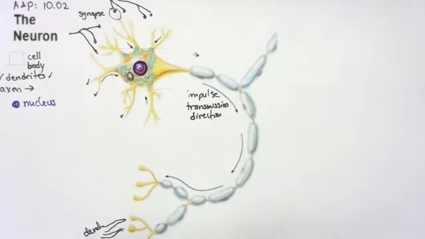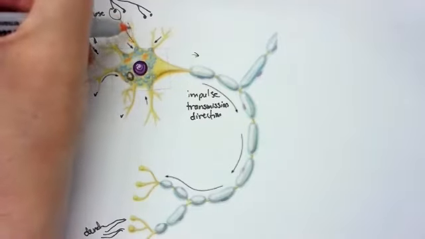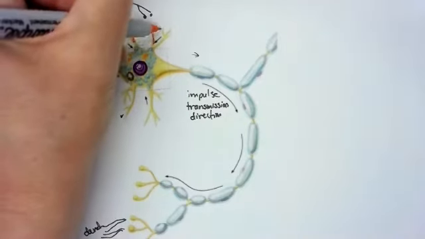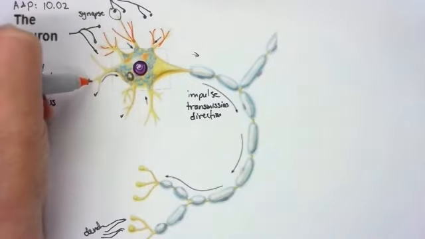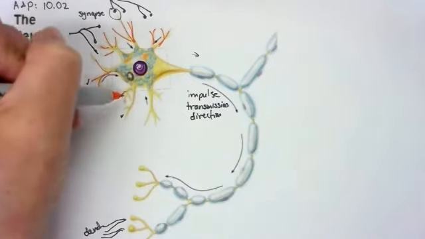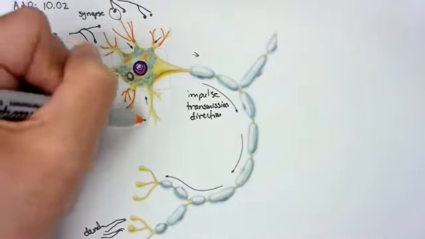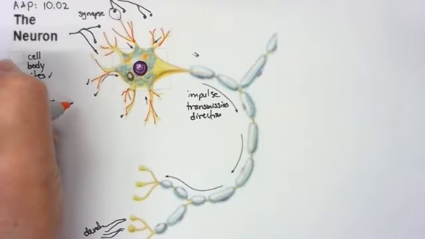Let's color code these, because yours is not in color. Let's make our dendrites orange. And these are the dendrites.